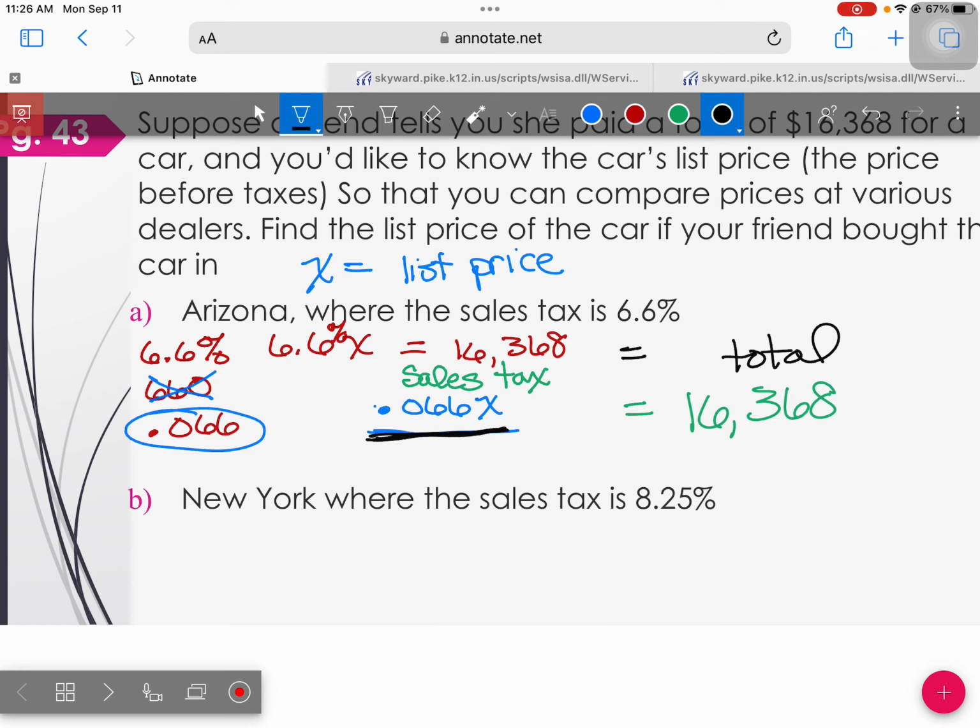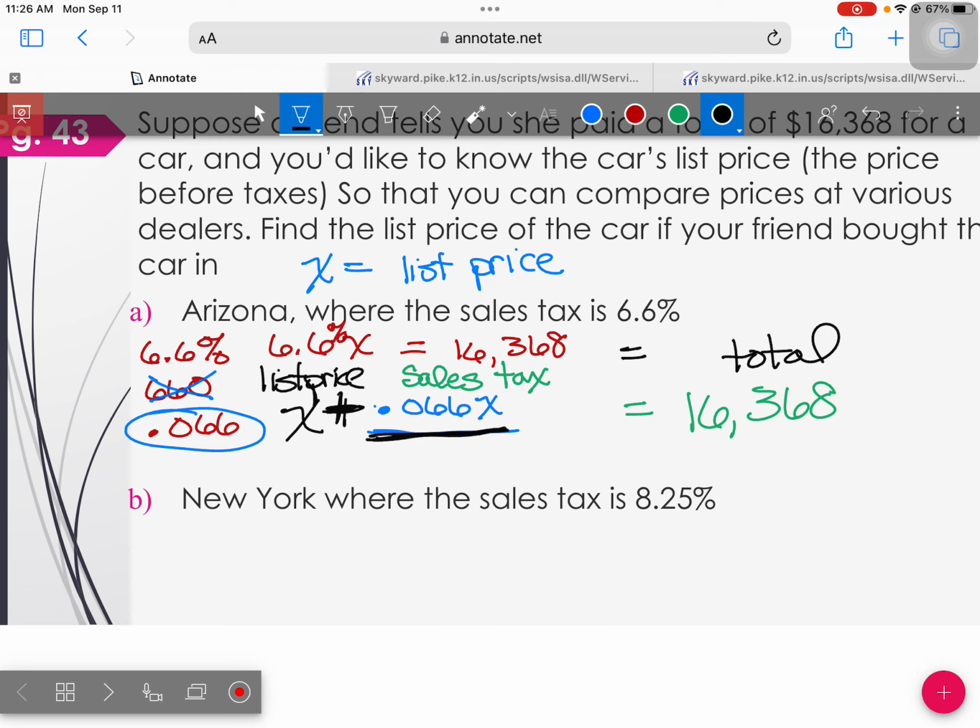What else do you have to pay for then? Right now, we're saying the sales tax is equal to the total. That is not true. I need something else. I need the list price, which is x for us, plus the sales tax equals the total.